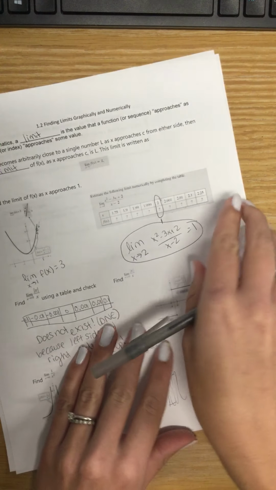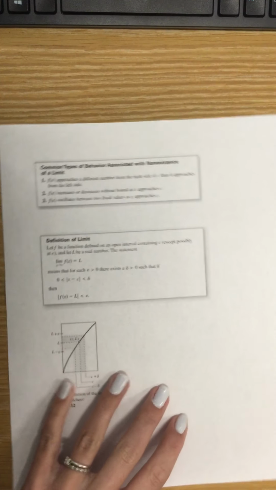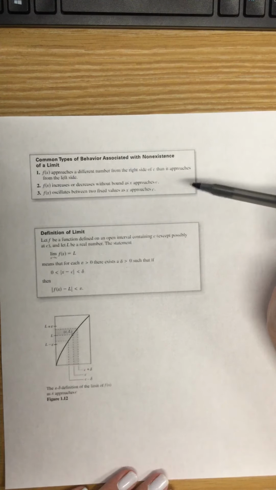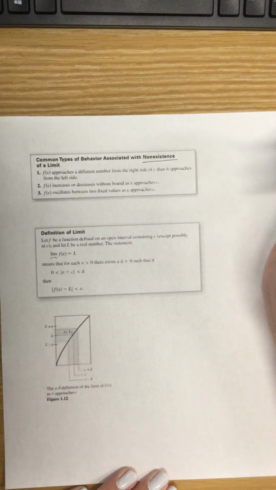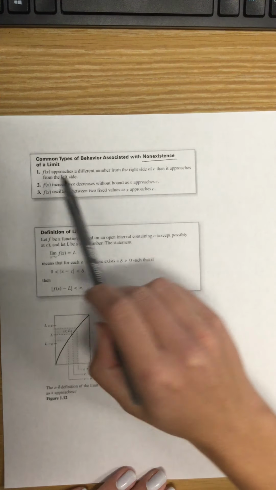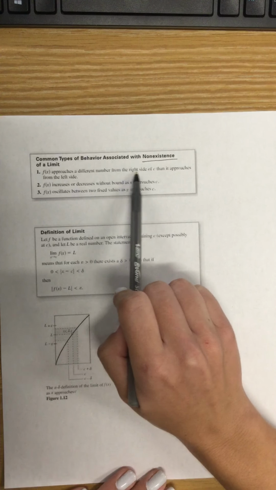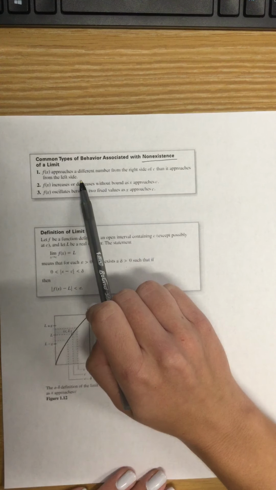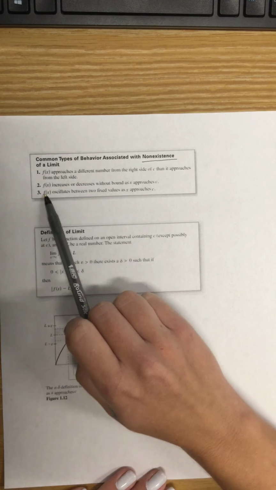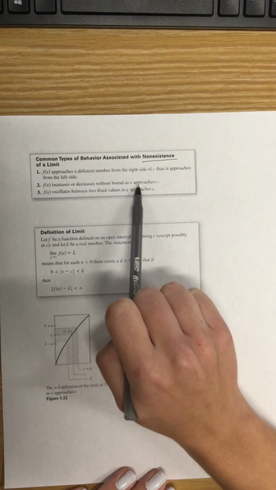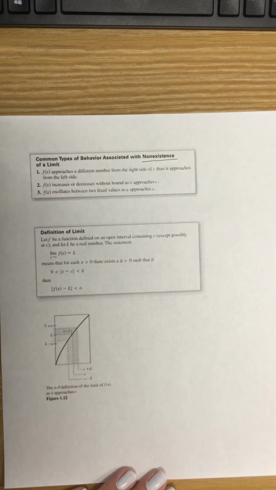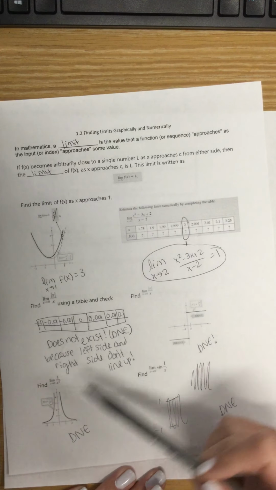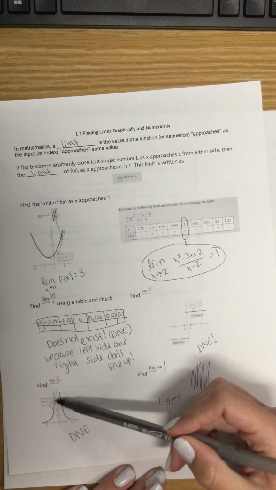So I just kind of want to wrap it up here with there are common types of behavior associated with non-existence of a limit. So when it doesn't exist: if the function approaches a different number from the right side than from the left side, the limit does not exist. If it increases or decreases without bound as x approaches c, that would be like this example here. It has no boundaries there.